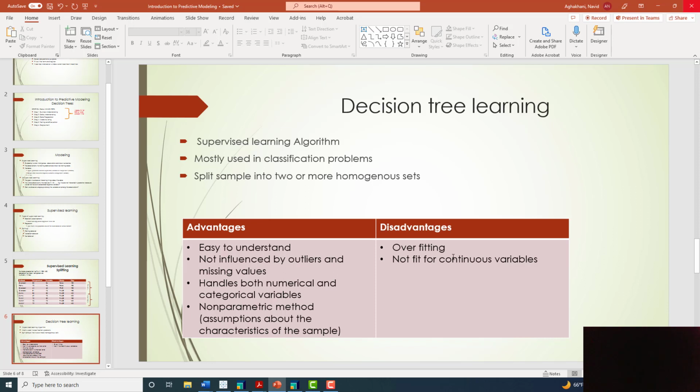However, when you apply that model on the validation data set, the performance is not close to the training. We call this overfitting. That means the model performs well on the training, but doesn't do well on the validation data set. Another issue is that it is not fit for continuous variables. It mostly works better on categorical data.